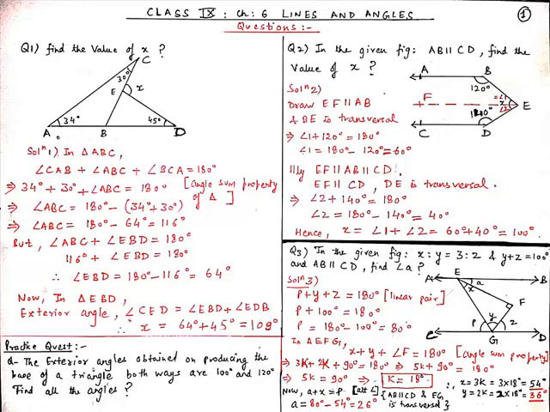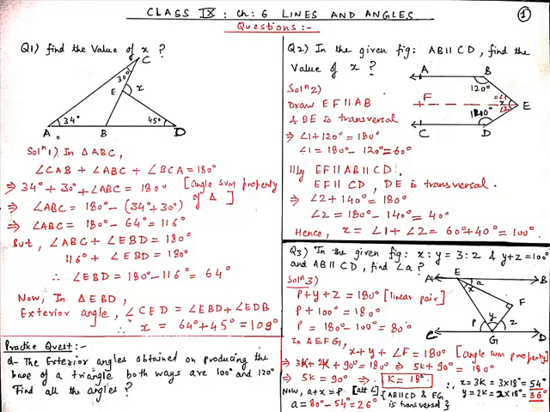And now we will consider triangle EFG, in which by applying the angle sum property of a triangle we can say that X plus Y plus angle F will be equal to 180 degrees, and according to our question the ratio of X to Y is 3:2. So, students, let the ratio constant be K. Therefore the value of X will be equal to 3K and the value of Y will be equal to 2K.